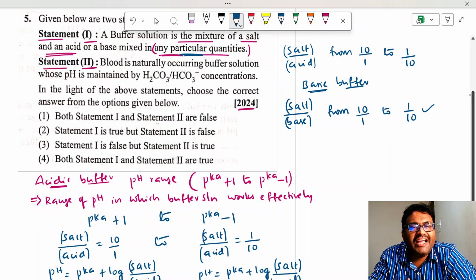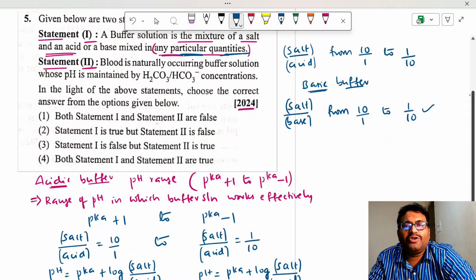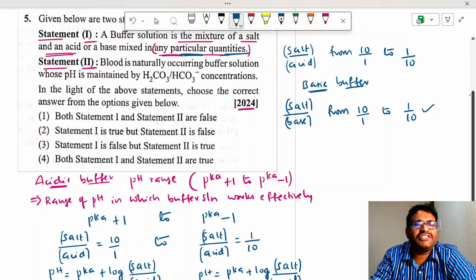You cannot take any ratio. It should be a ratio from 10 to 10 power minus 1. Then only they can act as proper buffers. Are you getting it? So the statement is wrong.